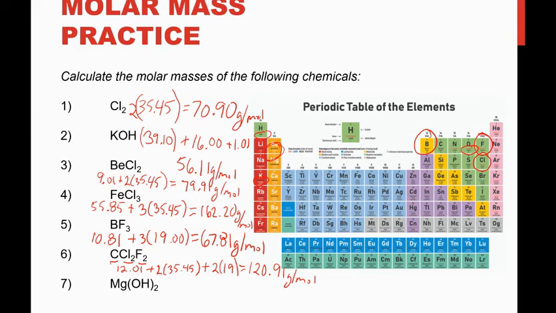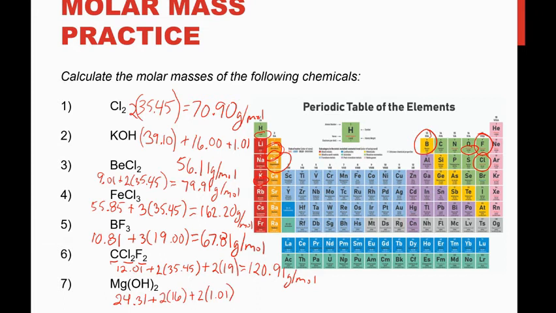Okay. And then our last one is magnesium hydroxide. So magnesium is going to be right here on the periodic table, and that's going to end up being 24.31. 24.31 plus I have 2 oxygens, so 2 times 16 plus 2 hydrogens, 2 times 1.01.